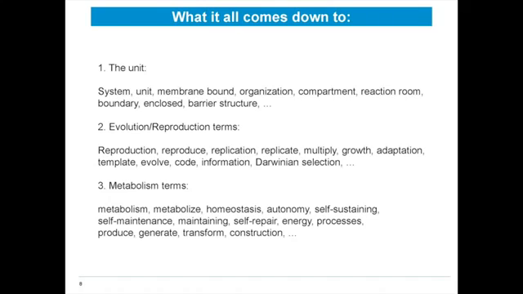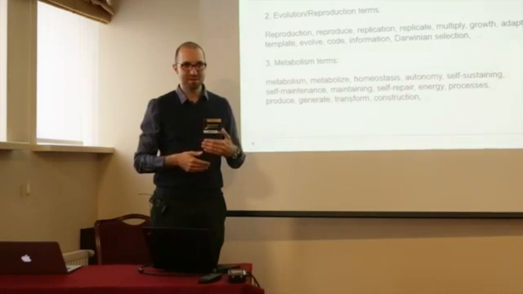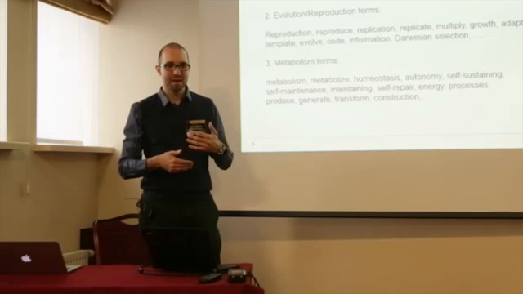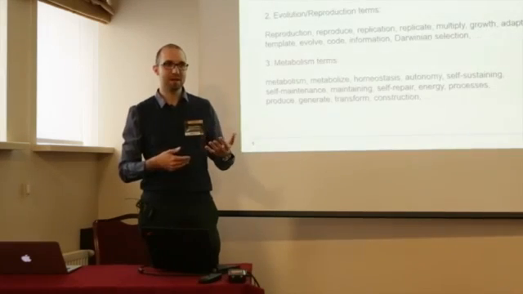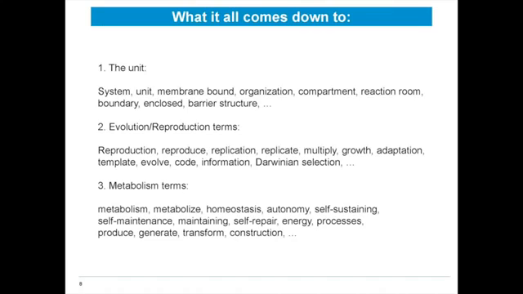Then, second, the capability of evolution or reproduction, which in some way is synonymous, because when you can reproduce and you can produce mistakes during reproduction, then you might also have the ability to evolve. There fall in all different wordings and phrases that are typically used, from Darwinian selection, adaptation, template, code. That's all more or less directly or indirectly referring to evolution and reproduction.